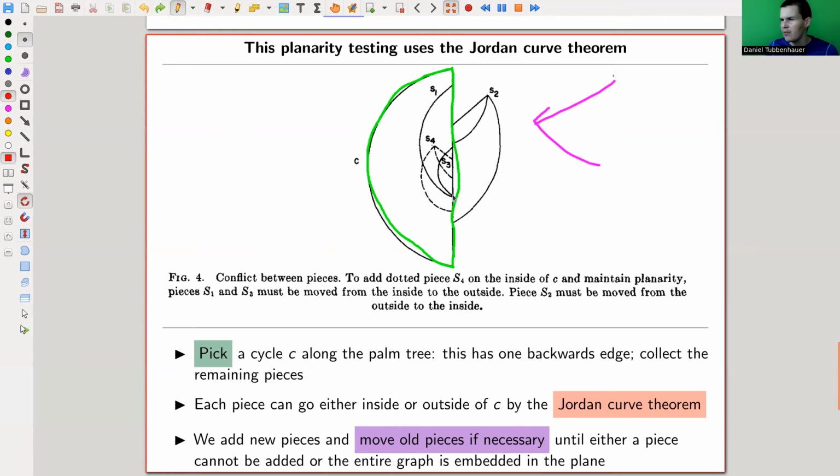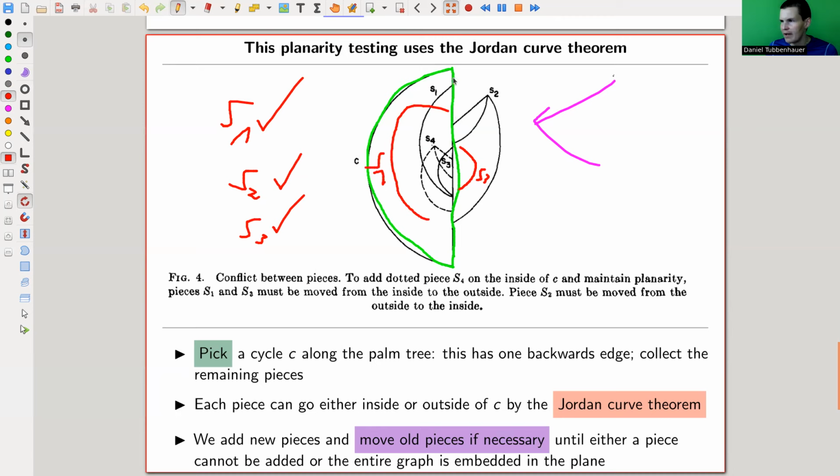So S1, perfect, works. S2, we can just put it on it, works. S3, we can just put it on it, works. And now S4 has a conflict with S3 and S1. So what we can do is we can just flip S3 over. So S3 will be then somewhere here. Then you can flip S2 over. So S2 will be then somewhere here.